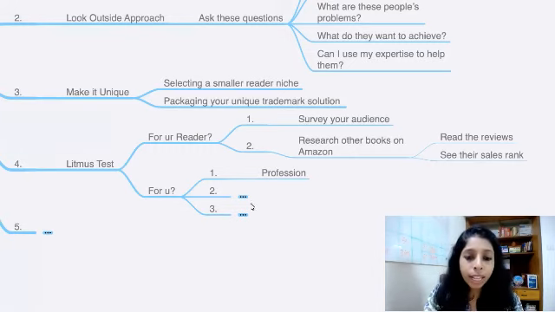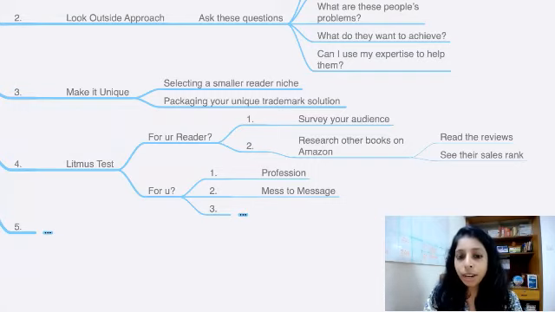That's one. Second is, it may not be your profession, but is it a mess which you have converted into your message? Maybe 3 years ago, you were diagnosed with cancer, but you were able to fight it like a warrior and you overcame that challenge. Now it gives you the authority to write a book on how one can manage their mindset to fight cancer or something like that.